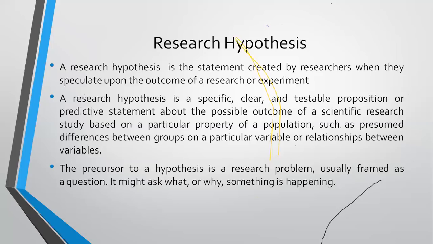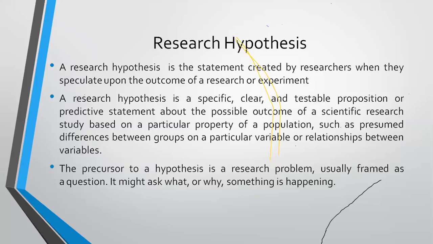So your hypothesis must have an independent and dependent variable. And you must be able to prove or disprove your statement. Like I've said, it is a prediction, and you make a prediction or speculate on an outcome. Your hypothesis must be practicable.